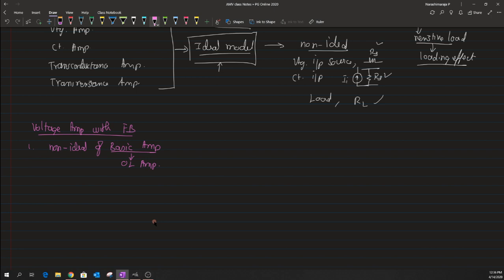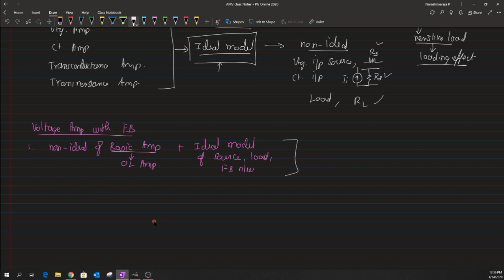We'll take this non-ideal model, but to this non-ideal basic amplifier, we'll first add the ideal model of the sources and the load as well as the feedback network. We'll take all those models and add them on to this, and in a way we'll see that there are two things that could be evaluated out of this discussion.